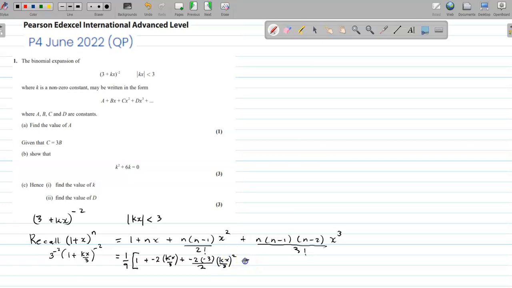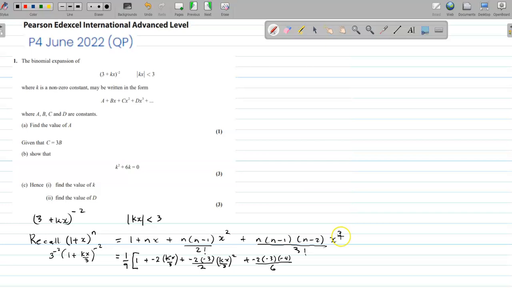And the final bit is n is minus 2, that would be minus 3, and this bit here, 2 from minus 2, that's minus 4. All of this over 3 factorial, which is 1 times 2 times 3, that's 6.